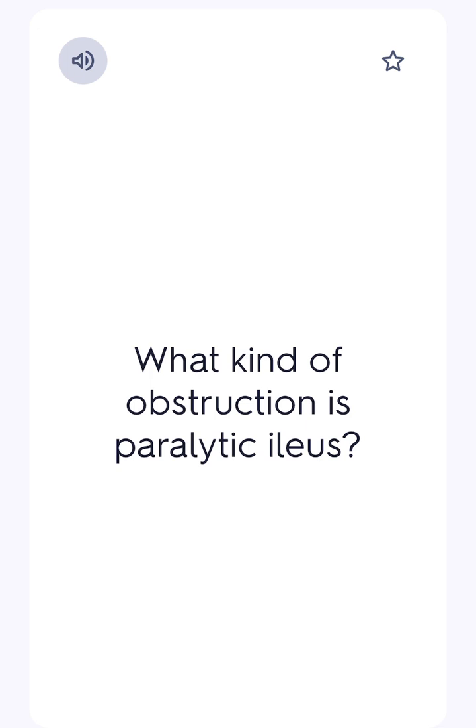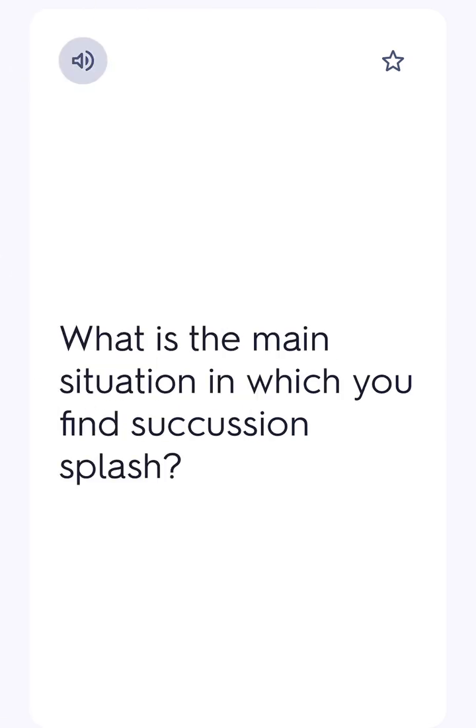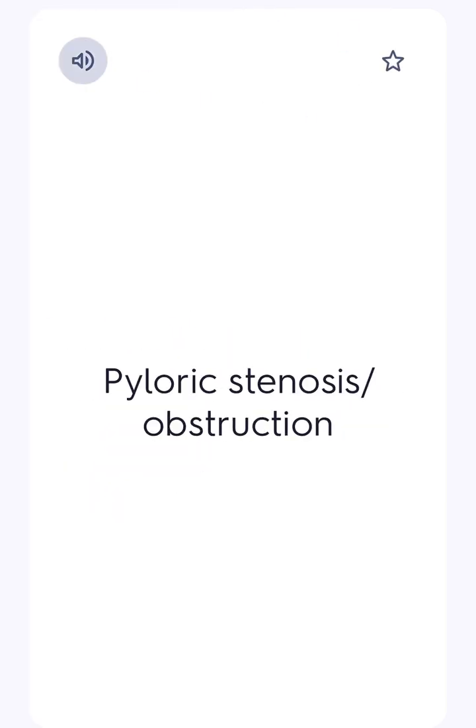What kind of obstruction is paralytic ileus? Functional obstruction. What is the main situation in which you find succussion splash? Pyloric stenosis/obstruction.